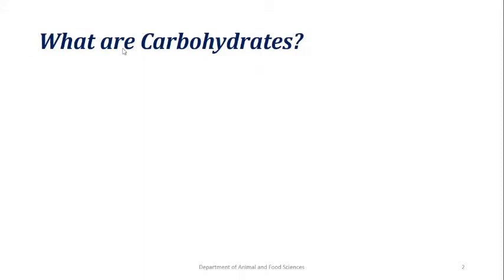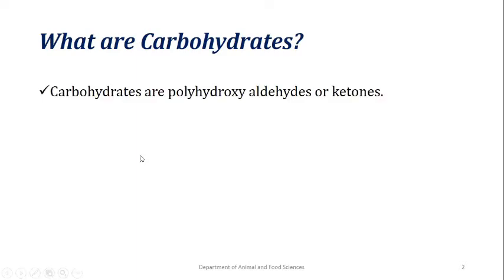If we simply define the carbohydrates, carbohydrates are biomolecules consisting of carbon, hydrogen, and oxygen atoms. Carbohydrates are macromolecules. And if you can remember, lipids also contain carbon, hydrogen, and oxygen as their elements. Then what is the basic difference between carbohydrates and lipids?